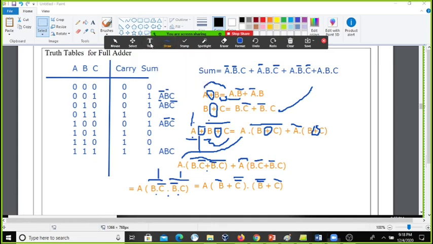So then you get A is there, A into B plus C bar here, B bar, and double bar cancel, here double bar cancel, then C bar.